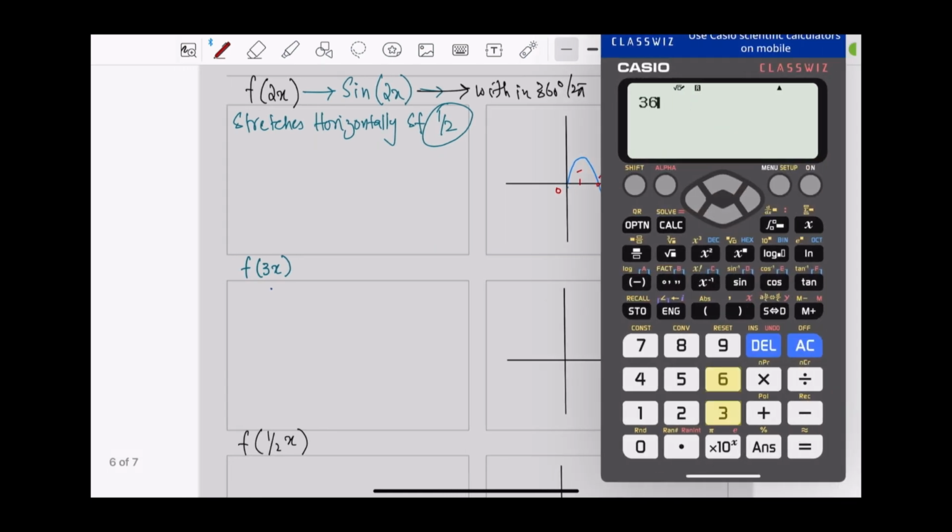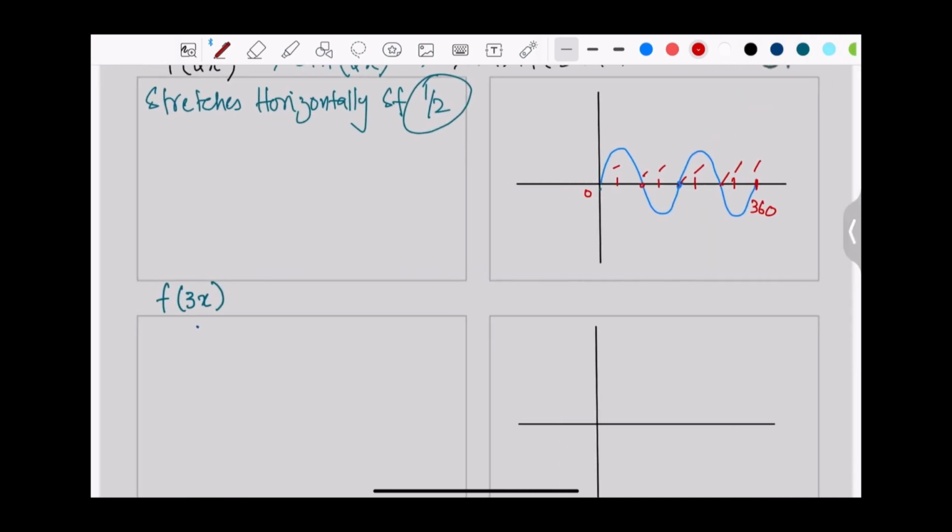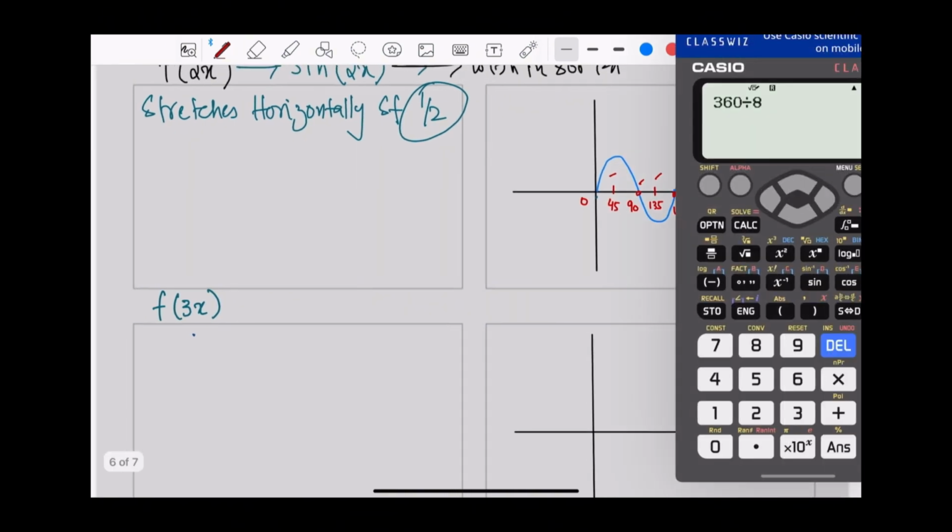So 360 divided by 8 gives you 45 degrees. So you can write straight away, this is 45, and add 45 to it, 90, then 135, then this point here is 180, then plus 45 to it makes it 225.